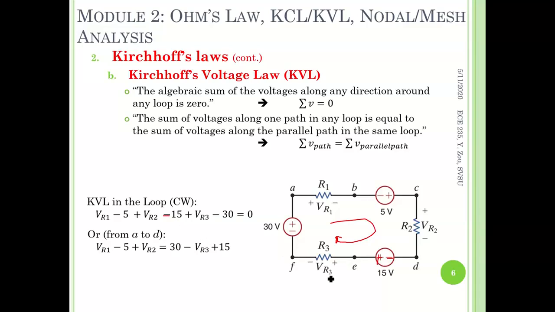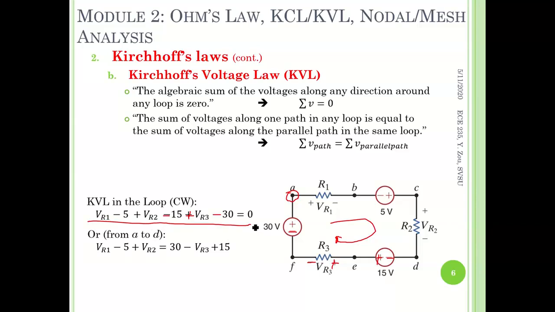Next is VR3, positive first, negative after, so positive VR3. The last one is the 30 volts voltage source. We come across a negative again, so it's negative 30. After this 30 volt source, we come back to the origin point A, so we are done with this loop. The sum of all of the voltage terms equals 0.